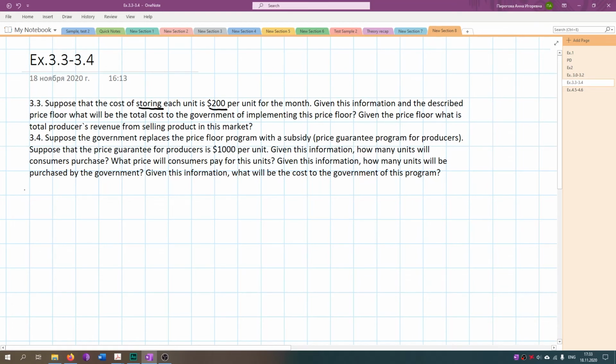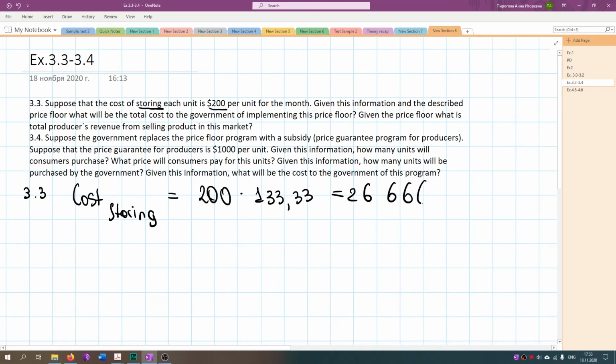So as the cost of storing is $200 per unit, we need to multiply it by the number of units to receive the full cost, and it will be 26,666.